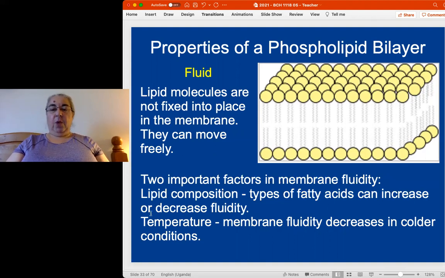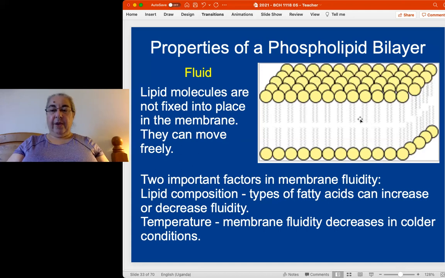So why is this important? Well, different membranes can have different degrees of fluidity. They can be more or less fluid, and how fluid they are depends on the interactions between the molecules, most particularly the interactions between the fatty acid tails of the lipid molecules.